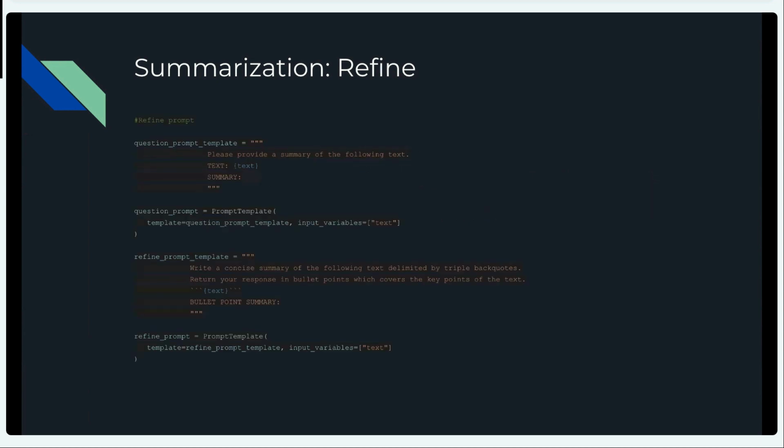Same as before, you have two prompts. The first one is a question prompt, which is to summarize the chunk. And then you have a refine prompt, which is used to combine the running summary so far with the summary that you have generated in the recent call. The rest of the code is pretty much the same.